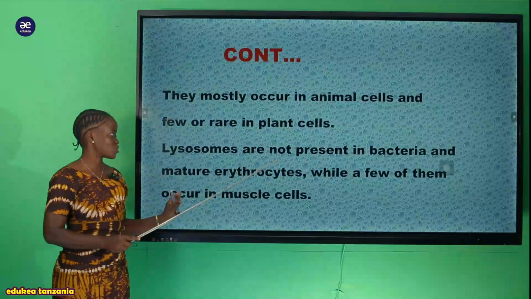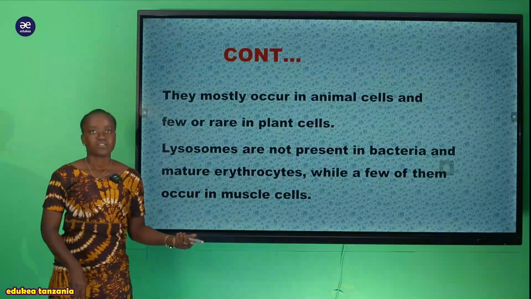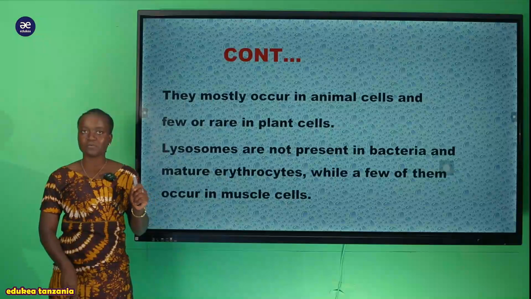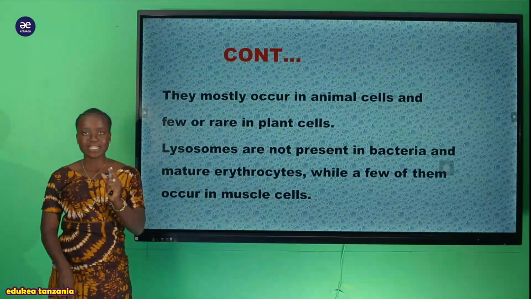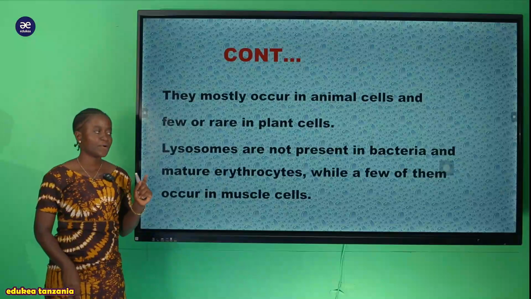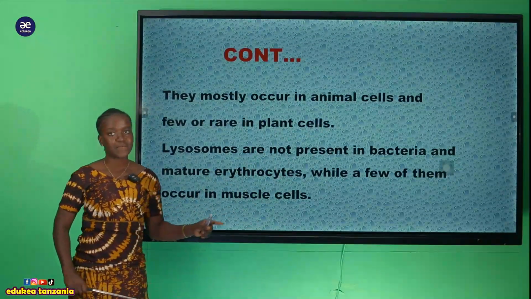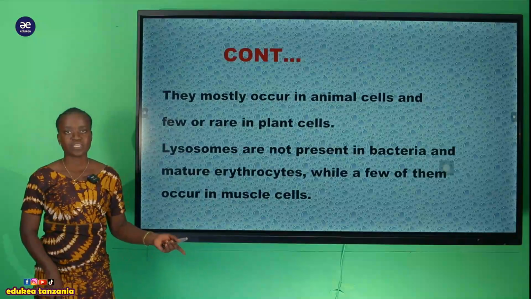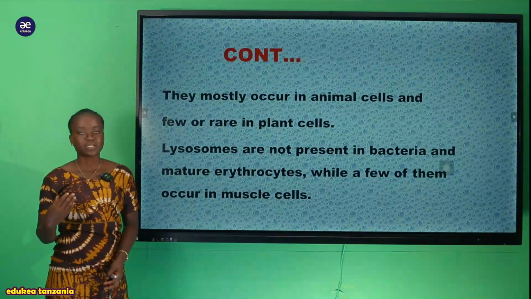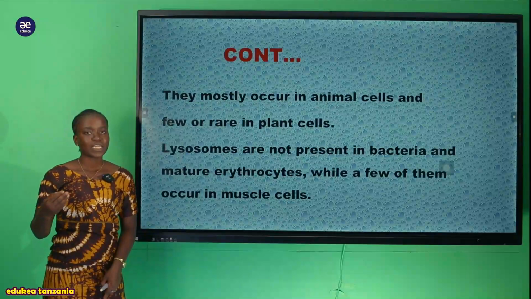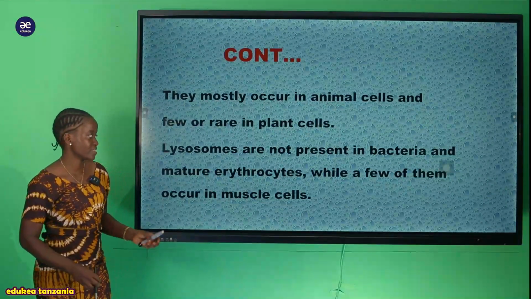When we talk about mature erythrocytes here, we are talking about red blood cells. Red blood cells do not have lysosomes, but they are found in muscle cells together with other kinds of cells. In animal cells, they are not found in red blood cells.